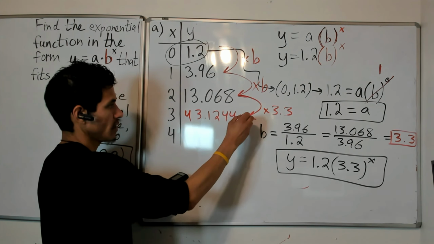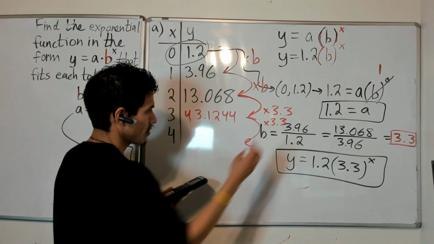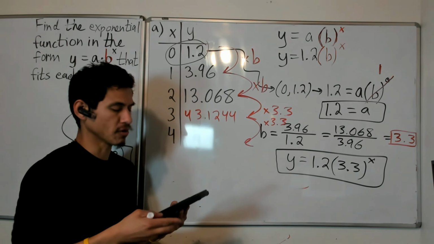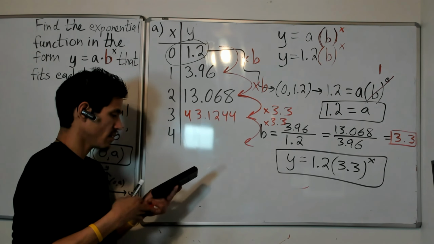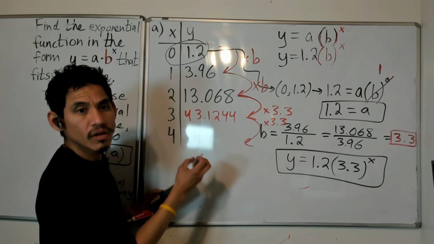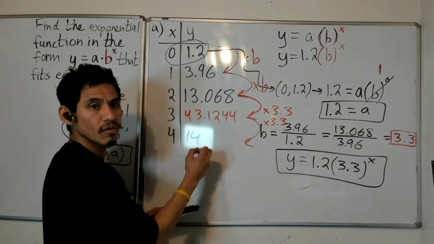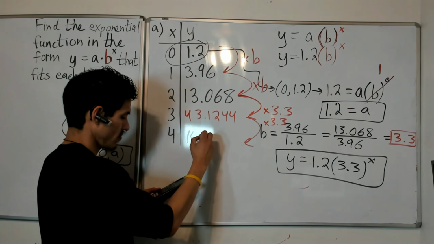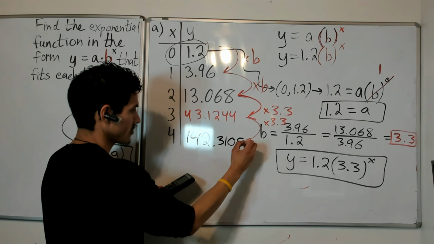Multiply this again by 3.3, and you'll get 142.31052.